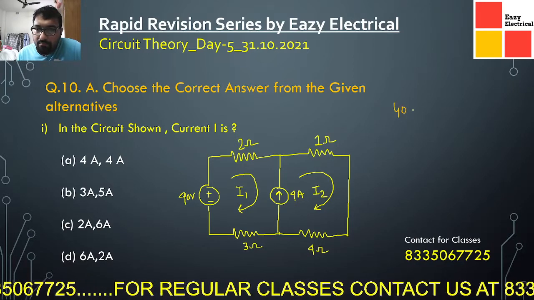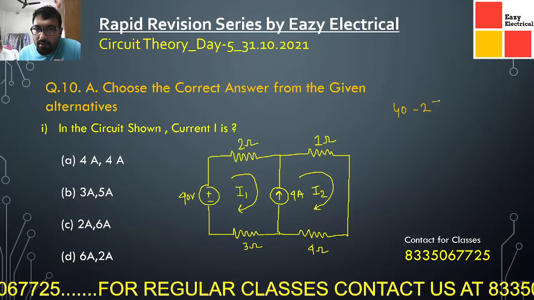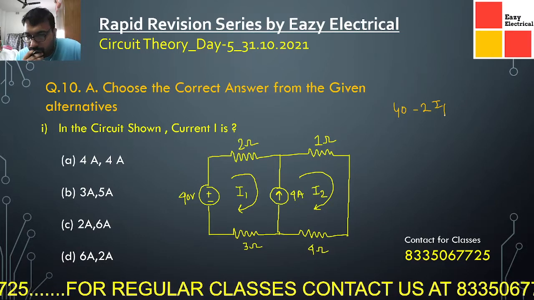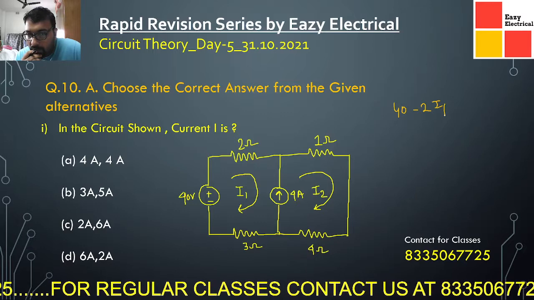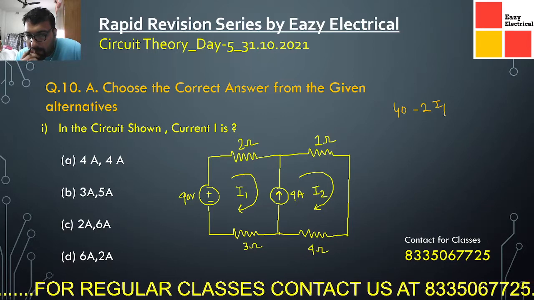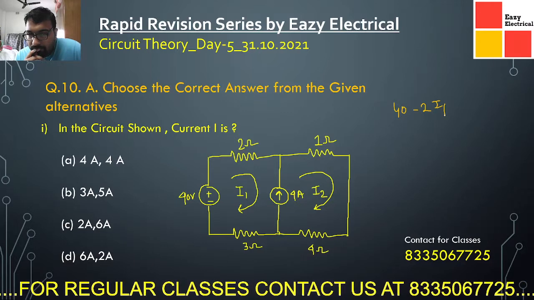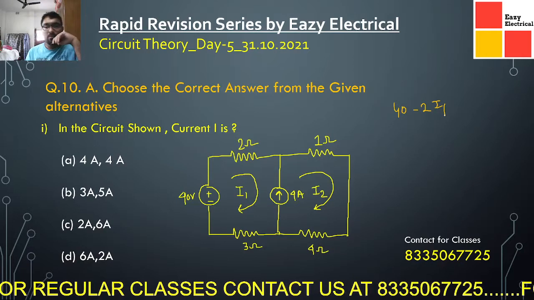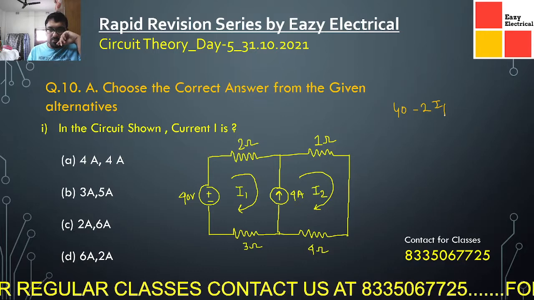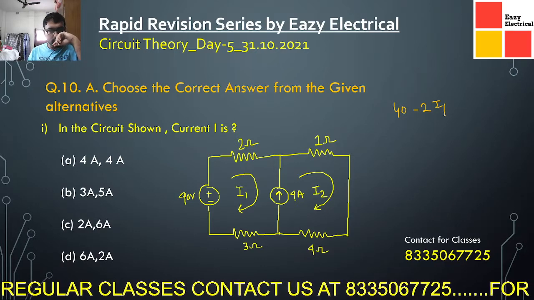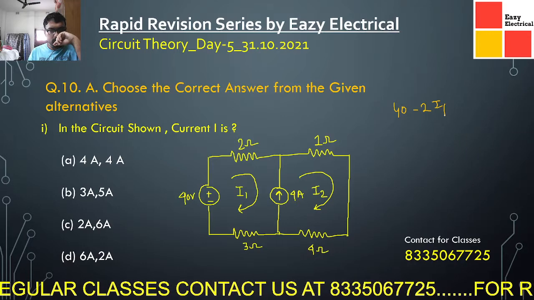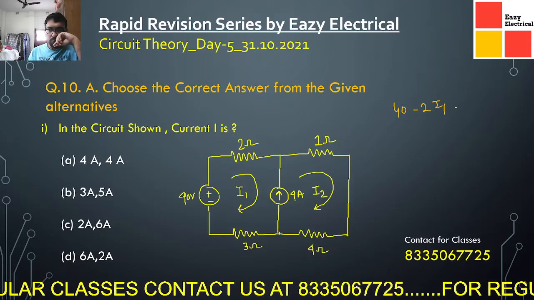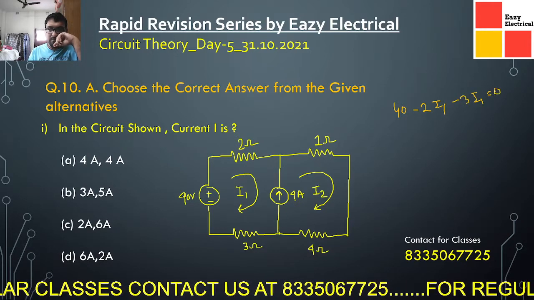So 40 minus 2I1, okay, 40 minus 2I1, voltage drop across this resistance, voltage drop across this, 4 ampere source is there, no. Minus 3 I1 if I write, that is equal to 0.